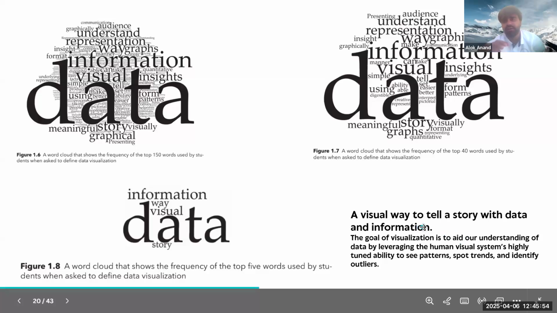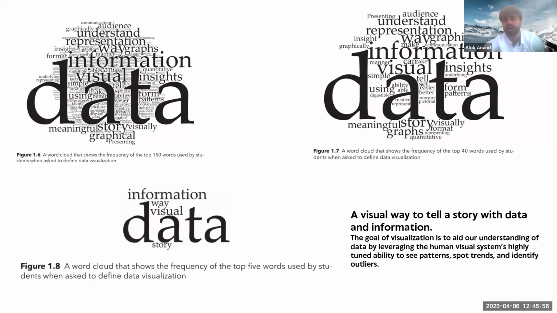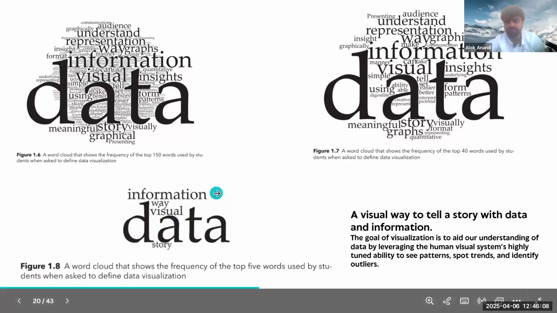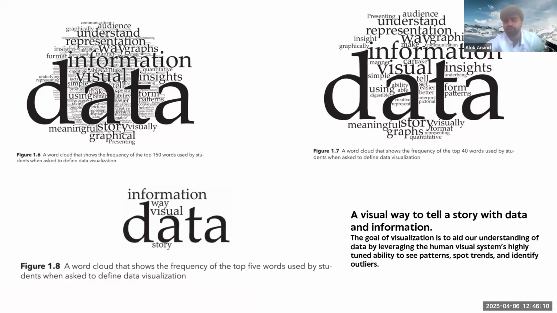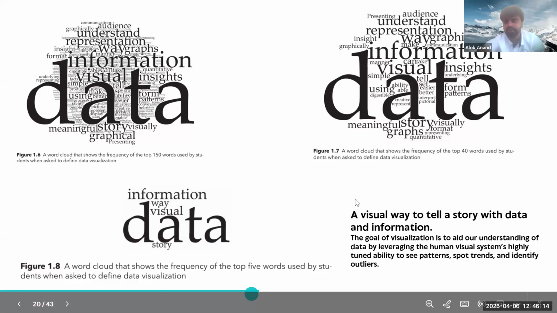Because we know that we humans are very highly tuned towards images and graphics as compared to words, right? So this is the meaning of data visualization, that is, telling a story through the data and building information.